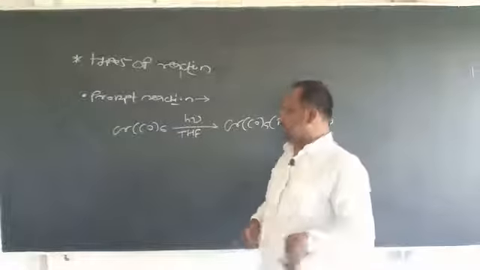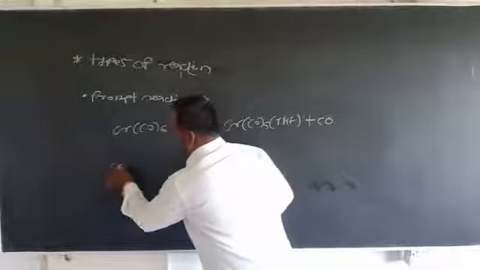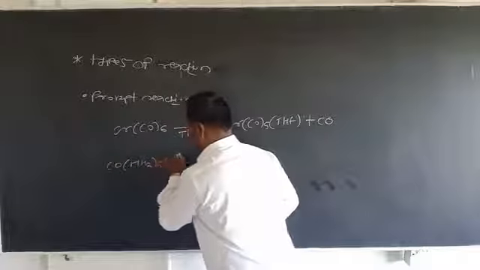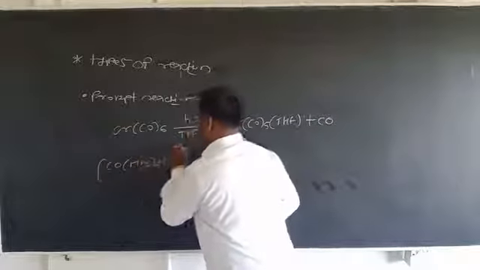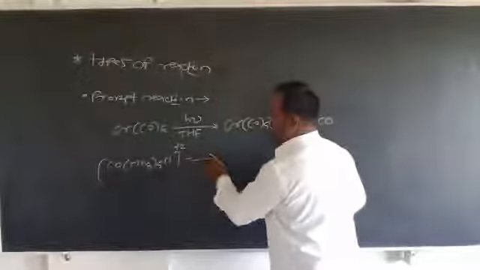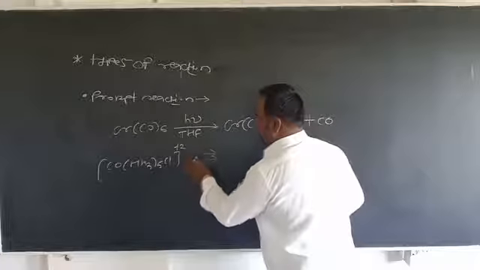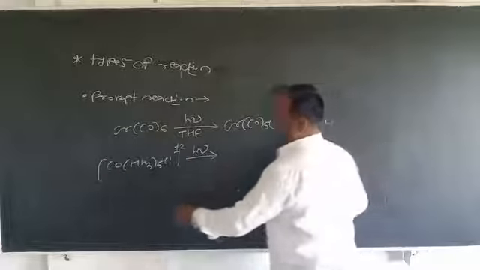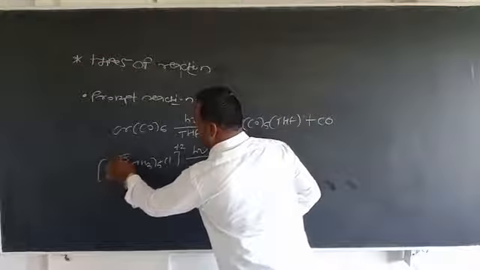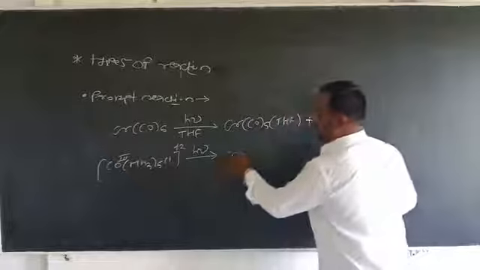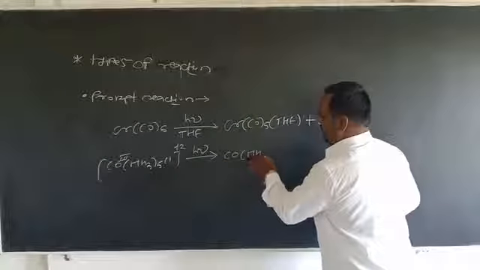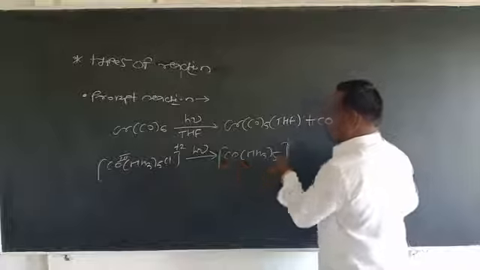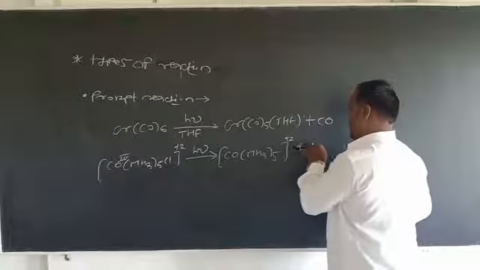Another example is a cobalt complex of ammonia, in which the cobalt-chlorine ligand bond is cleaved in the presence of light. Here the cobalt is in the +3 oxidation state, and we get Co(NH3)5 in the +2 state plus Cl.